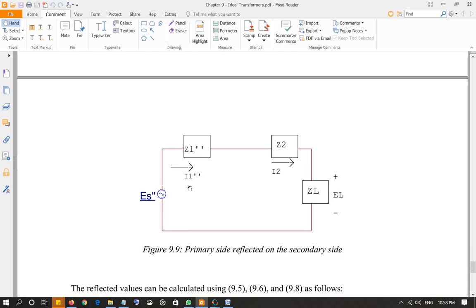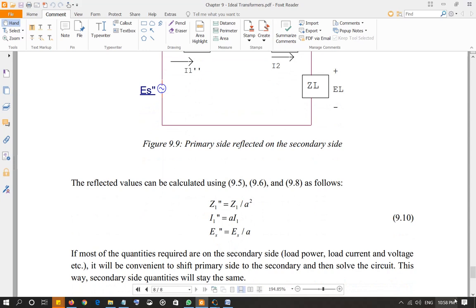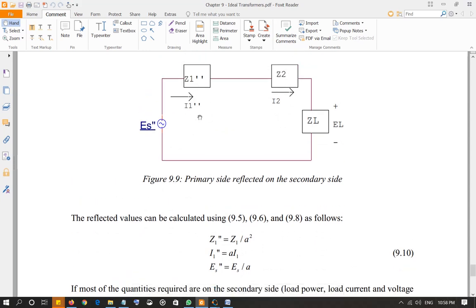I'm going to make use of the same relationships to calculate the values of ES double prime, Z1 double prime and I1 double prime. That is, Z1 double prime is Z1 over A squared, I1 double prime is A times I1, and ES double prime is ES over A. So I'm using the basic relationships of the transformer: primary over secondary voltage is equal to A, primary over secondary current is equal to 1 over A, and primary over secondary impedance is equal to A squared.